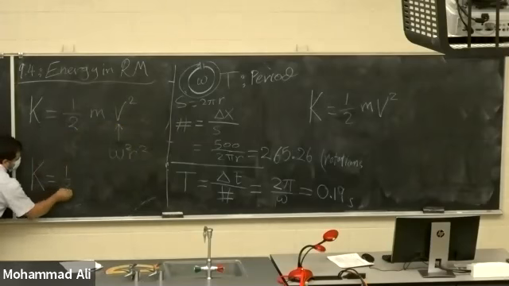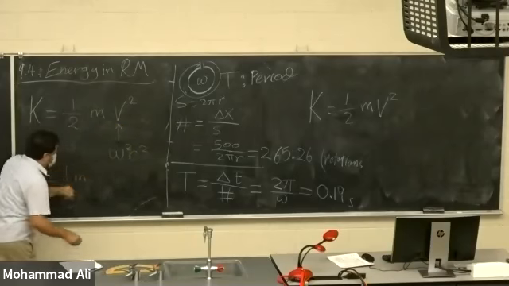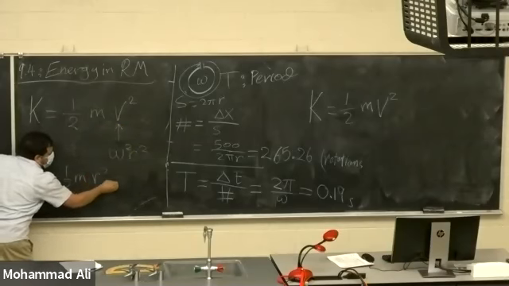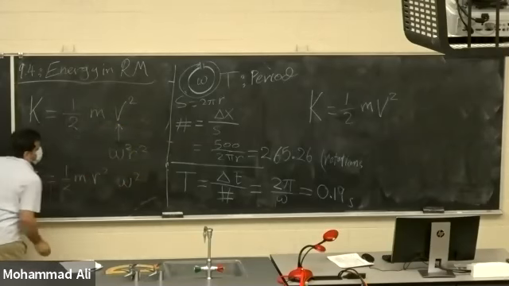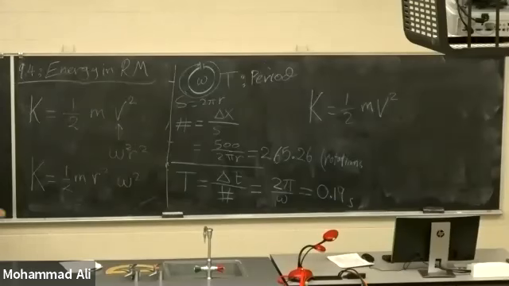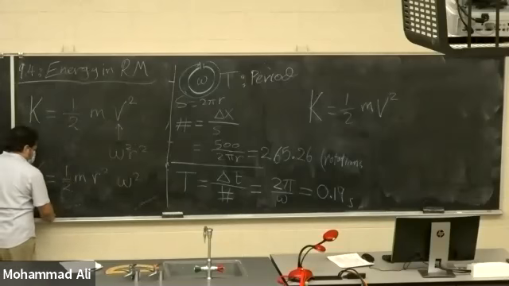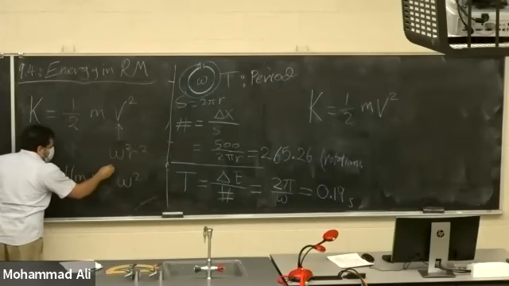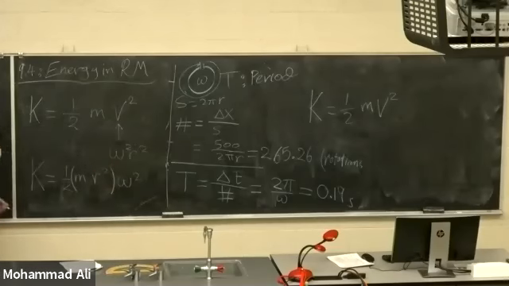Then our kinetic energy now will be written in this form. Equal to half m, m, r squared omega squared. In physics, we can combine the quantities together and put parentheses anywhere we want. That is not forbidden.